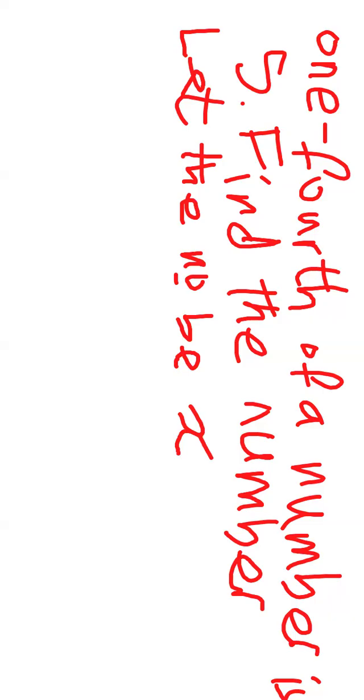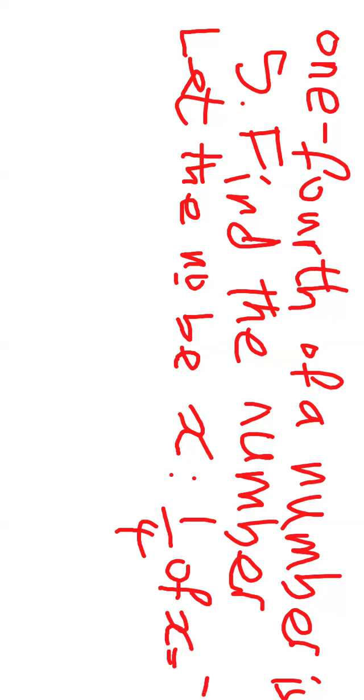So that means 1/4 of x equals 5. Now let me explain what I just wrote. What I just did was to interpret the question directly. 1/4, we already know 1/4 is 1/4, right?